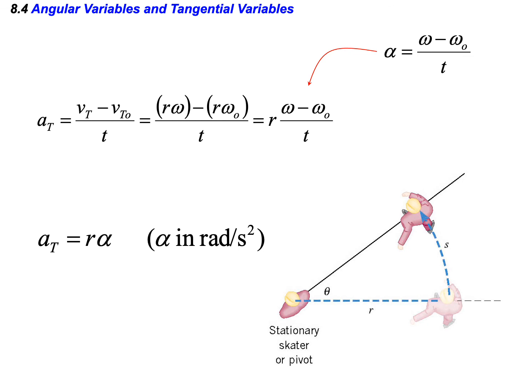Similarly, we can derive an equation for tangential acceleration in terms of tangential velocity before and after, tangential speed vt and vt naught. So velocity change over time. Velocity we know is radius times angular velocity. This is linear velocity or tangential velocity.